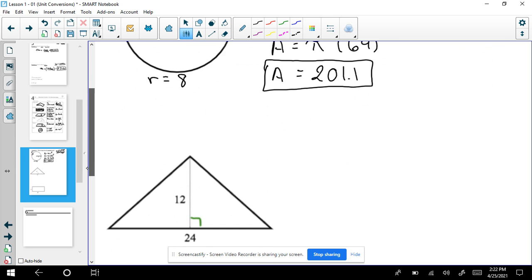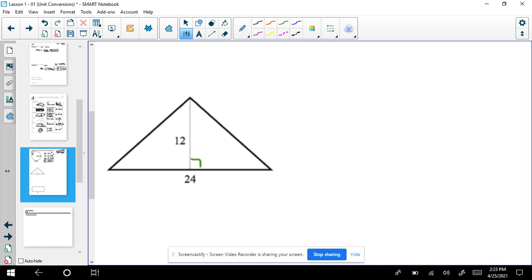So now I'm going to slide down and do the area of my triangle, right? And so my area equation for my triangle is area equals base times height divided by 2. And then I'm going to write my knowns. So my base, right? My base is the bottom here. So my B equals 24.